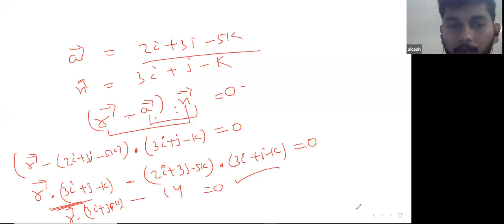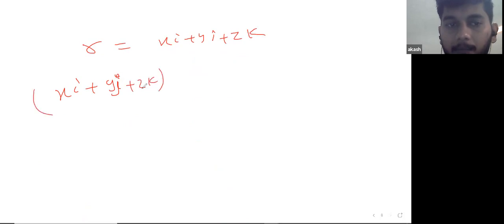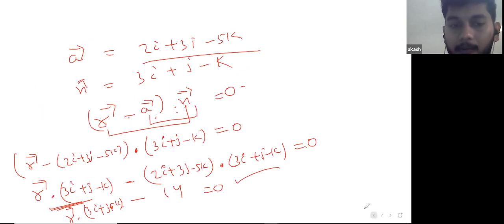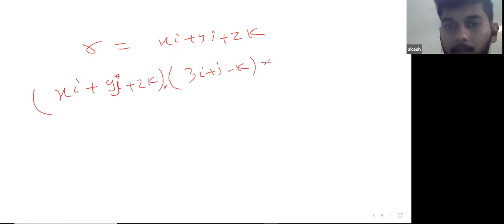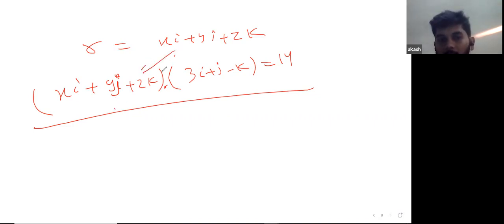So we had r dot 3i plus j minus k, so xi plus yj plus zk into 3i plus j minus k, and this was equal to 14, right? I just replaced the value of r with this Cartesian form.